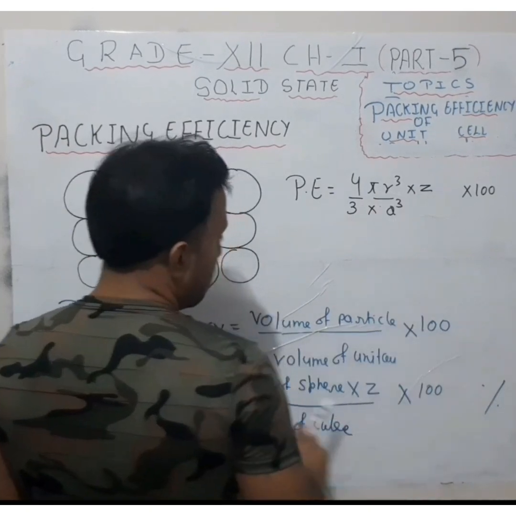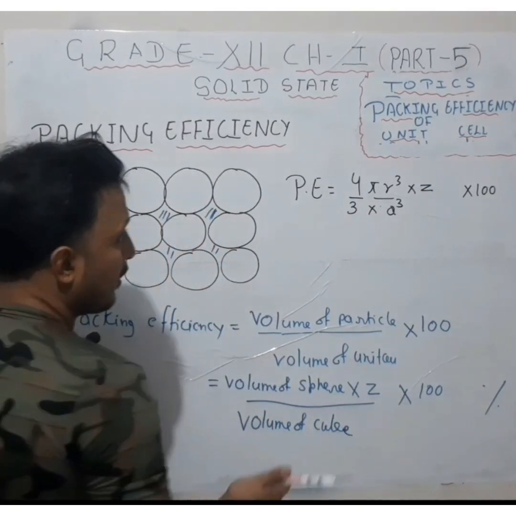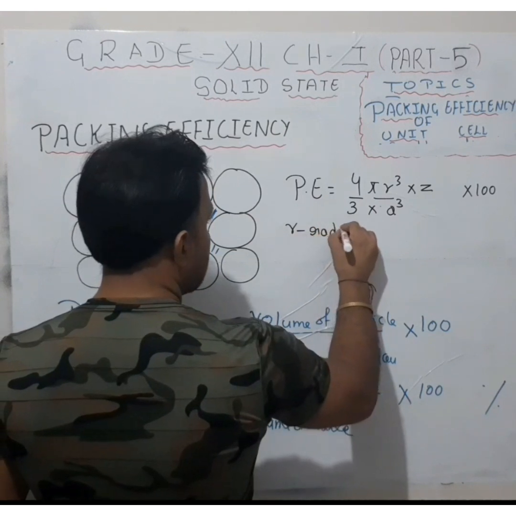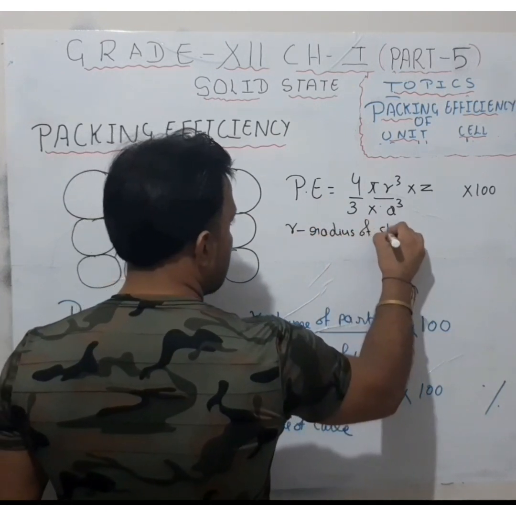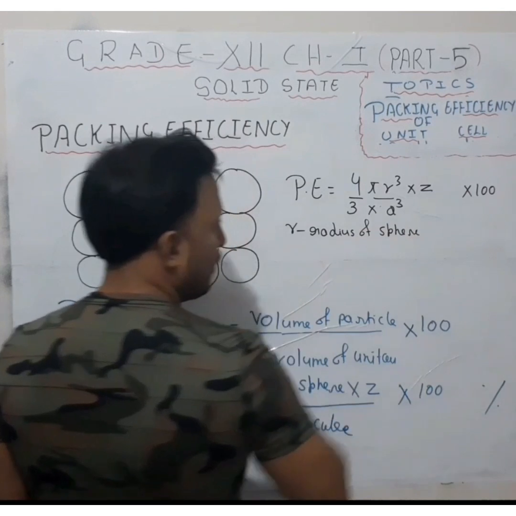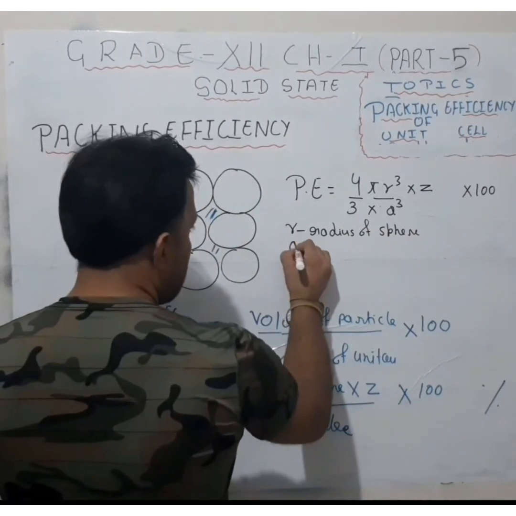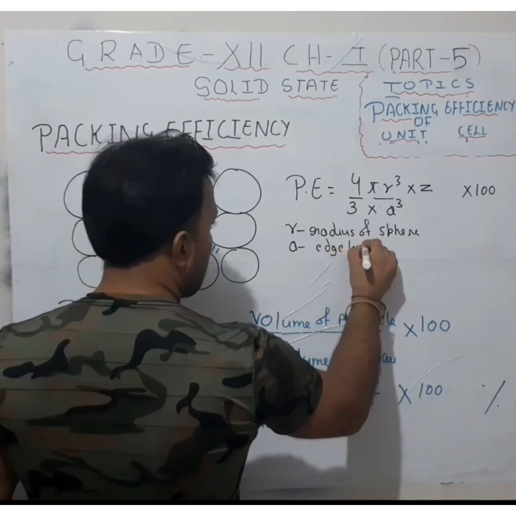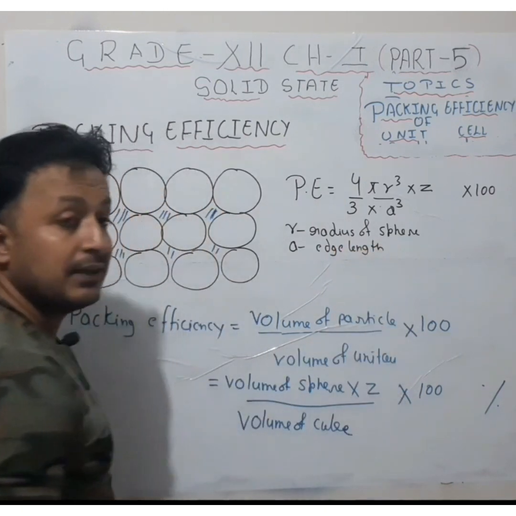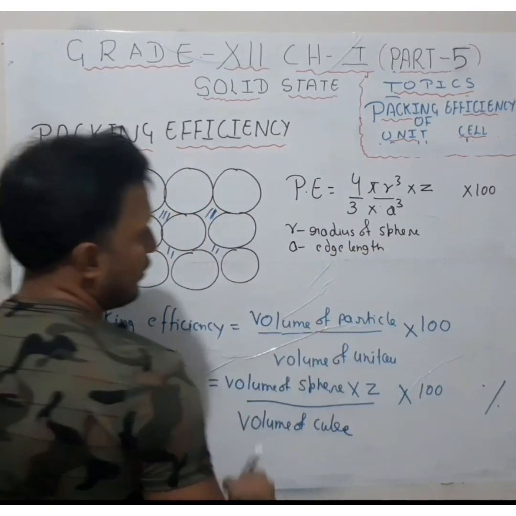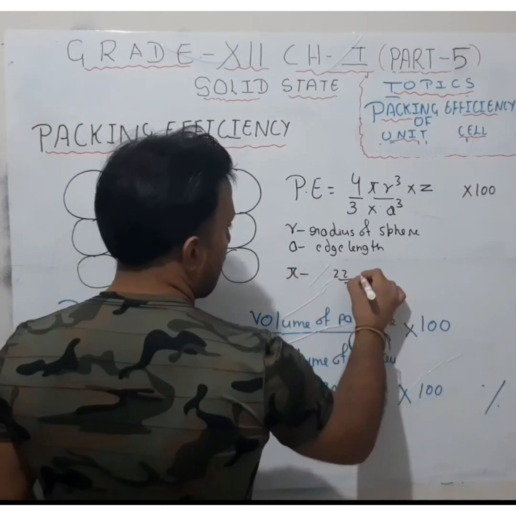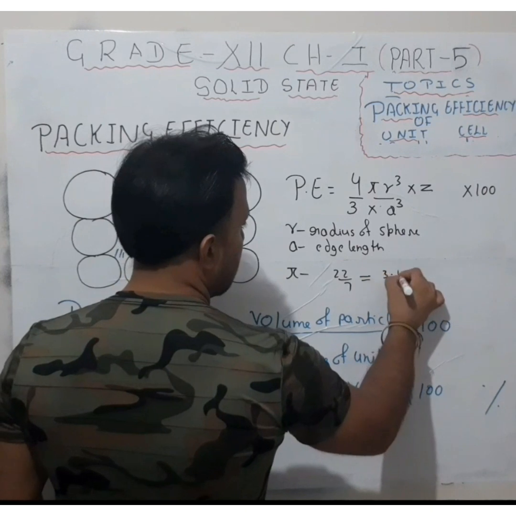Here 4/3 π r³ is the volume of a sphere, where r means the radius of the sphere and a means the edge length of the unit cell. The value of pi you all know. We are going to use pi as 22/7 or maybe as 3.14.